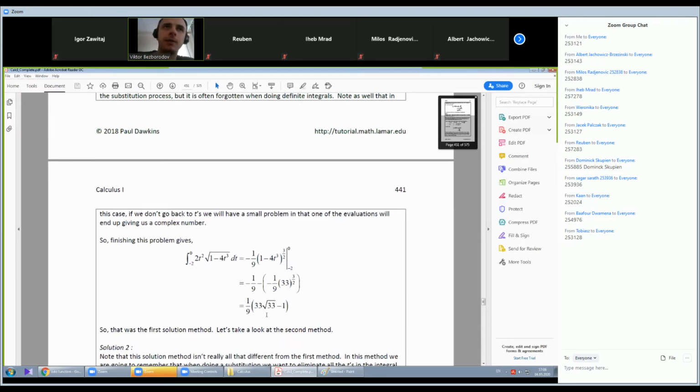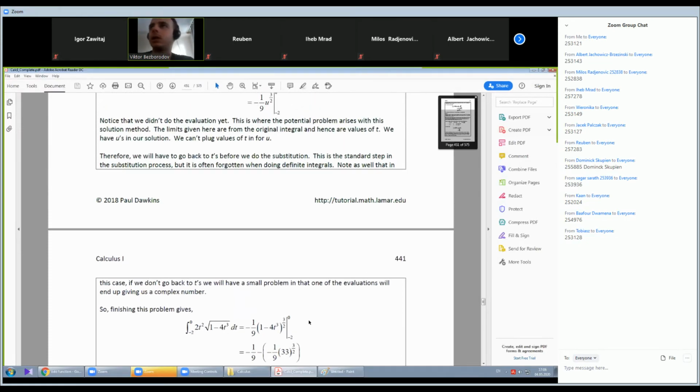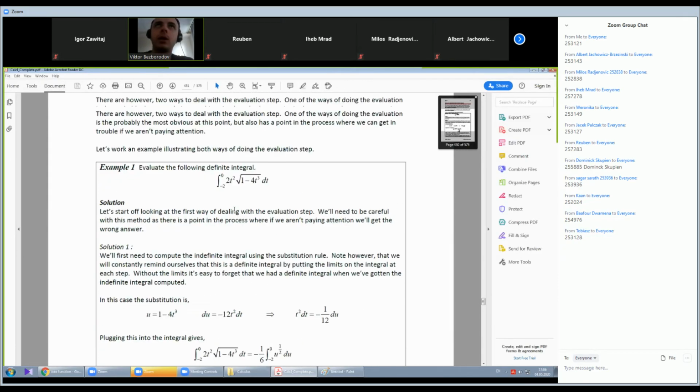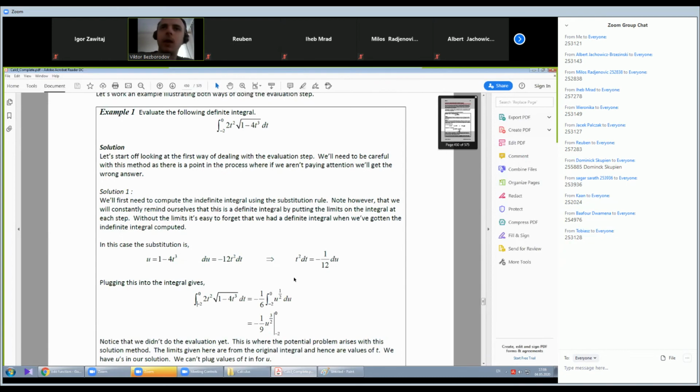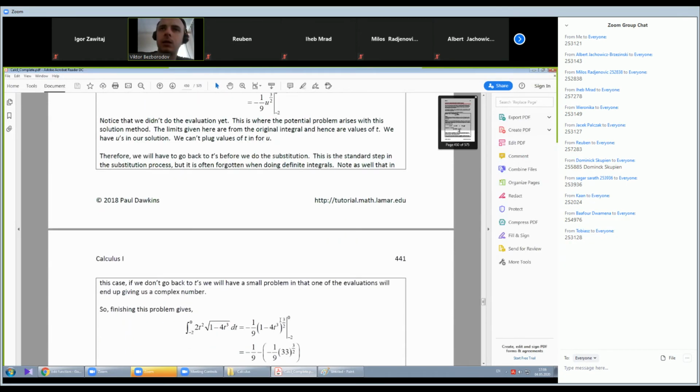And that's fine, and this is what you already can do. You're given this integral, then you forget about the limits of integration and compute the indefinite integral, and you find this expression, -1/9 times this parenthesis to the power 3.